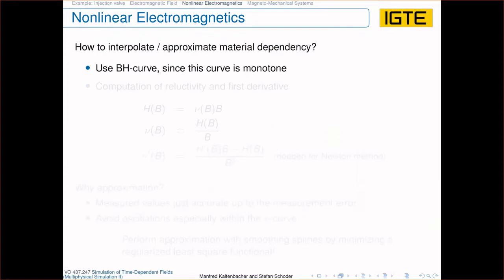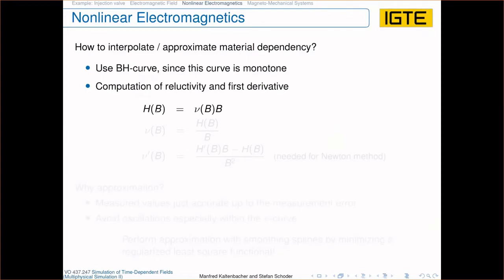First of all, we want to go into some details concerning our BH curve and especially the reluctivity. The BH curve has the advantage that, as we have seen, it is a monotone curve, which is not the case for the reluctivity or permeability curve. So we try to express it as the BH or HB curve.